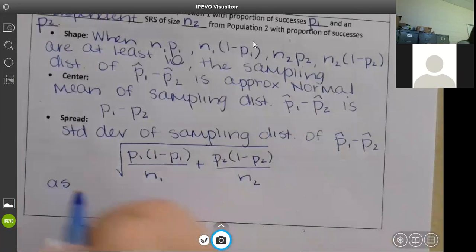But remember, we can only take the standard deviation if we're making sure it's independent, so the 10%. So remember, we check that 10% rule so that we can do the standard deviation, okay?